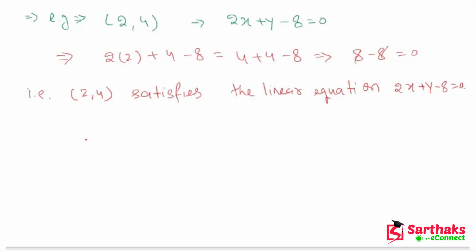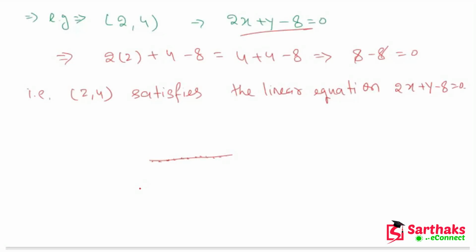Since a linear equation represents a line on the graph paper, each point on the line is a solution of the linear equation. We can represent this equation on the graph paper. There are infinitely many points on the line, and we cannot count them.